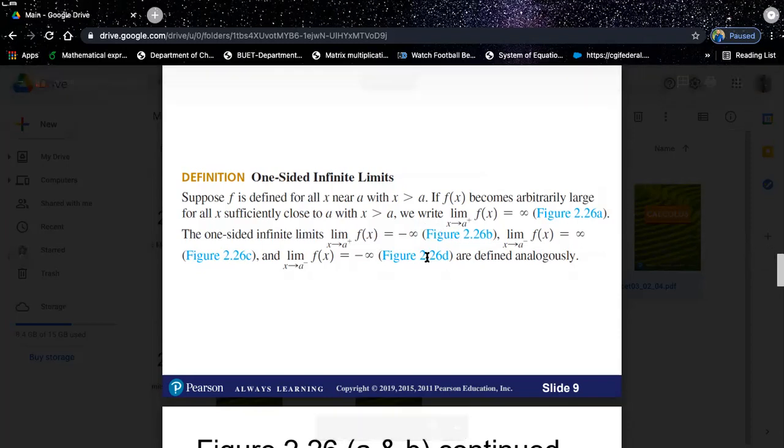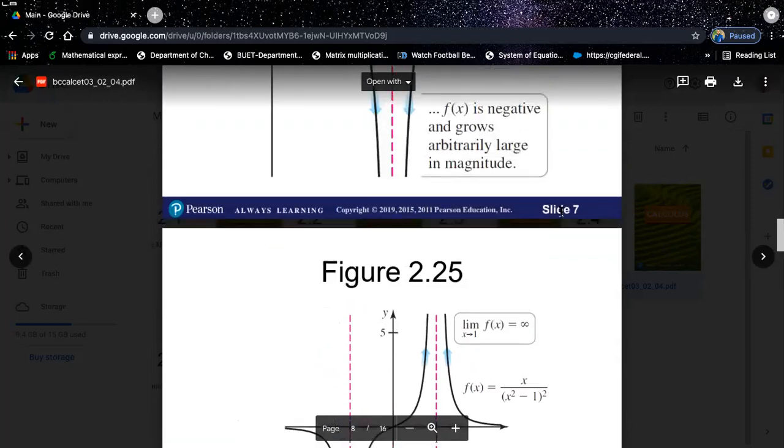Okay. So, one-sided infinite limits. Again, it actually works the same way we have done previously. We don't need anything extraordinary for this. For example, when you're calculating the right-sided limit for the function, let's see this figure 2.26.